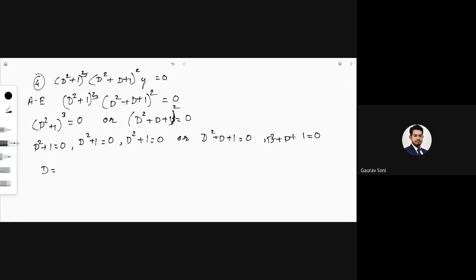Sir, i or minus i. i and minus i. How many times are i and minus i there? For the first one, only one; for the second one, plus minus i; for the third one, plus minus i. So how many times is i repeated? 3 times. And the other one, d square plus d plus 1.